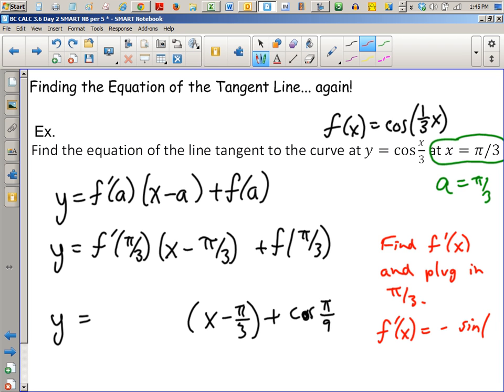We don't change the angle, but we also multiply by the derivative of the inside, right? So what's the derivative of the inside? 1/3 is correct. So I'll just put that in the front. Nobody puts their amplitude at the back, right? Plus I'm running out of room. So for my f prime of pi over 3, it's negative 1/3 sine pi over 9. It's just a number. I don't know what it is, but that's my slope.